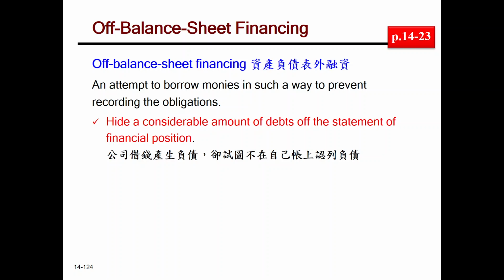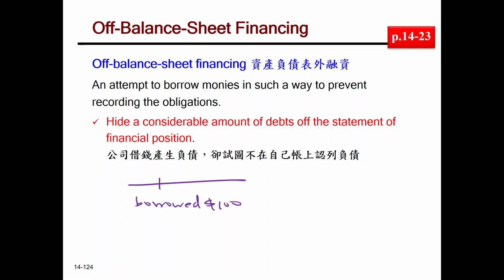Your company borrows money from creditors, but you do your best using different ways to not make the liabilities show on your balance sheet. Like today your company borrows $100 from creditors.